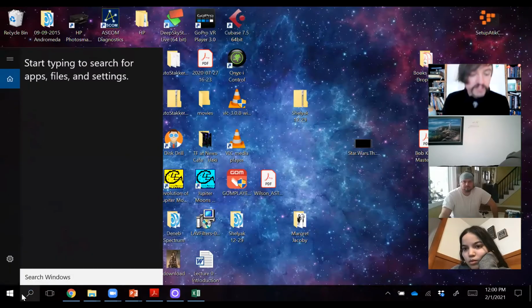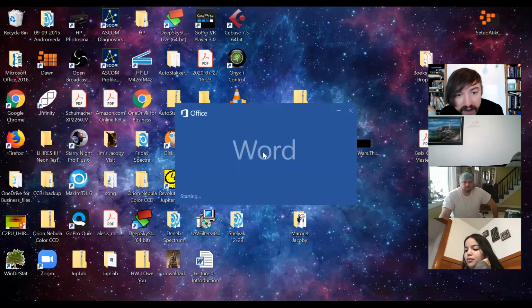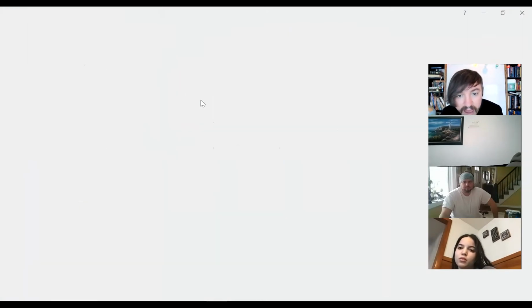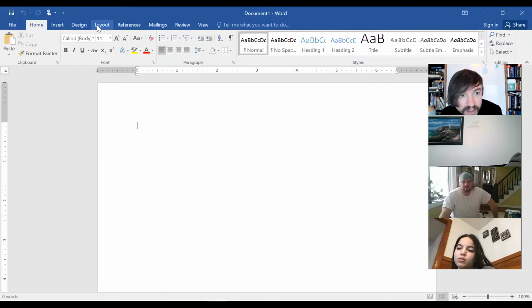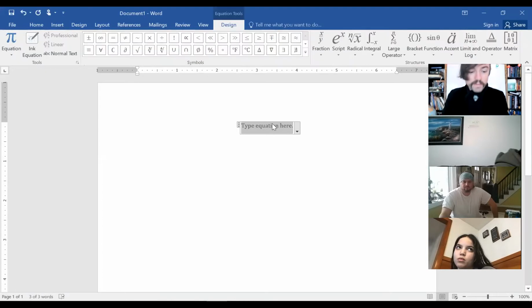I did try to explain that, so I don't want to waste too much class time on it. But if you have a Microsoft Word document, which is probably what most of you are using, you have to make your mathematics look very good. You have to go to Insert, you have to do Equation, and you have to use all the proper symbols that we use in class.